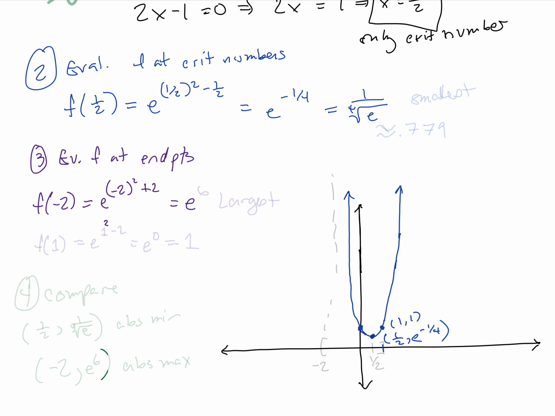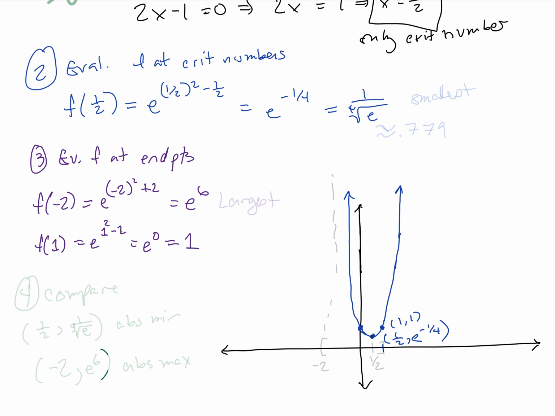And so that's e to the 4 plus 2, that's e to the 6th. And our other endpoint was 1, so f of 1 is e to the 1 squared minus 1, that's just e to the 0, and anything to the 0 we know is 1.